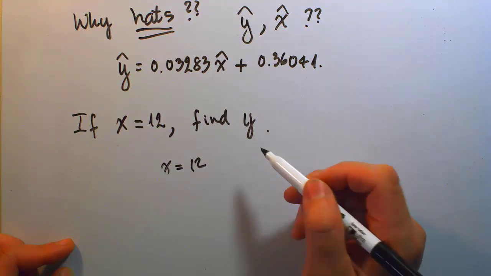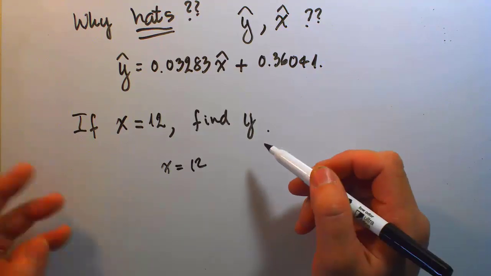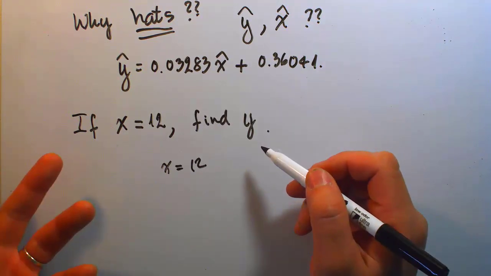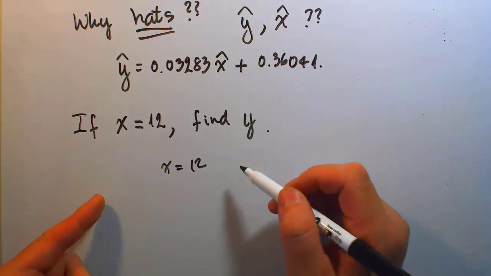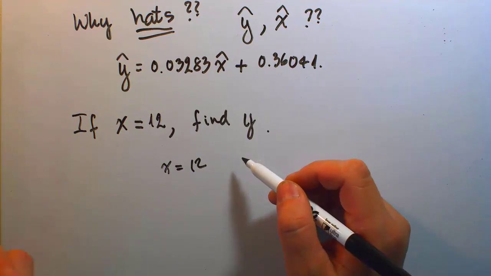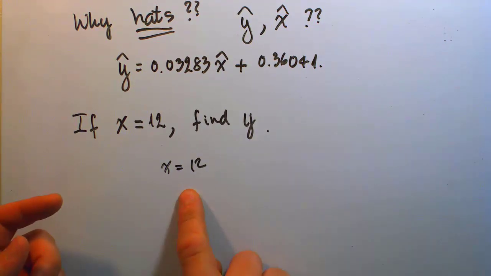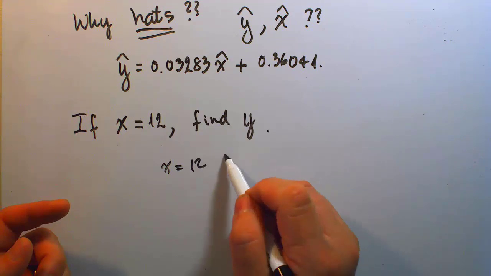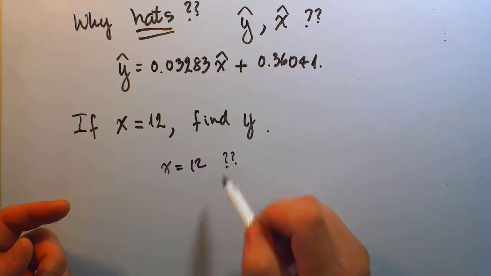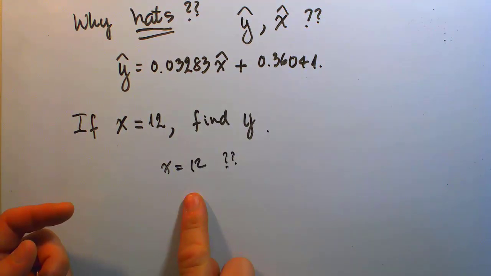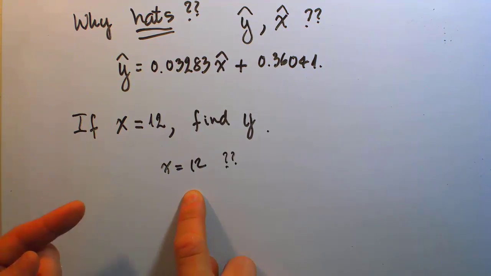The person who asked doesn't care what you have on your side. So if you have a real observed value, then provide that. However, in this case, x equals 12 is nowhere found in the table. And this is where we're forced down. The only choice we have left is to give a prediction.